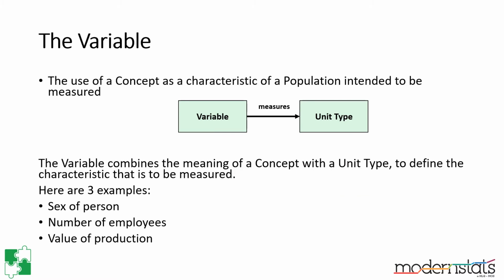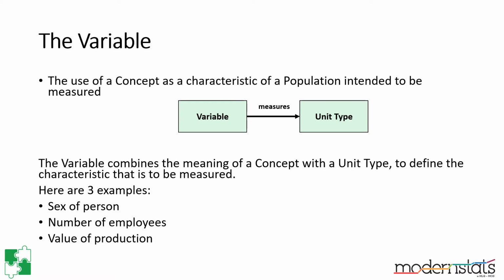The variable is use of a concept as a characteristic of a population intended to be measured. The variable combines the meaning of a concept with a unit type to define the characteristic that is to be measured. The examples in GSIM are sex of person, number of employees, and value of production.